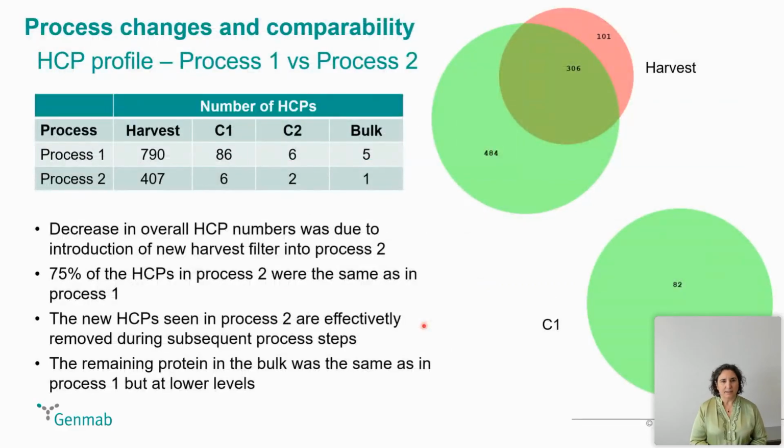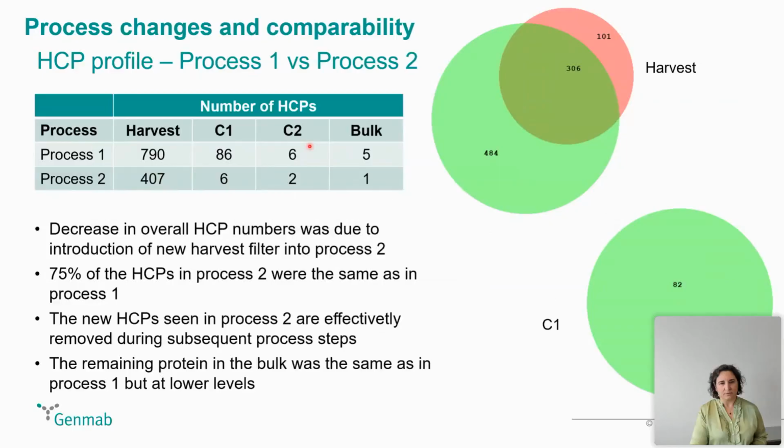So in this comparability analysis, we showed that in process 1 we actually have around 800, as I showed you in the previous slide. And in process 2, well, not only, but we had around 400 proteins after harvest. We also could compare the chromatographic steps against each other, where we had about 80 proteins after the first chromatographic step in process 1, and we only have 6 in process 2.